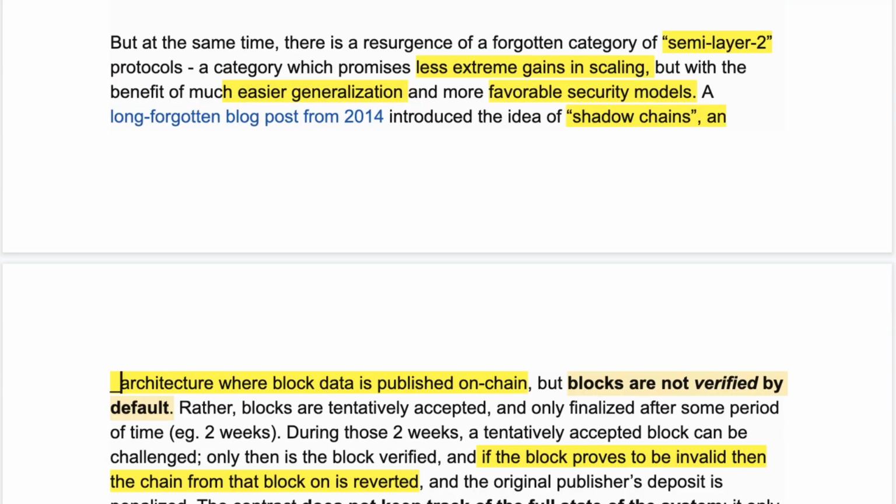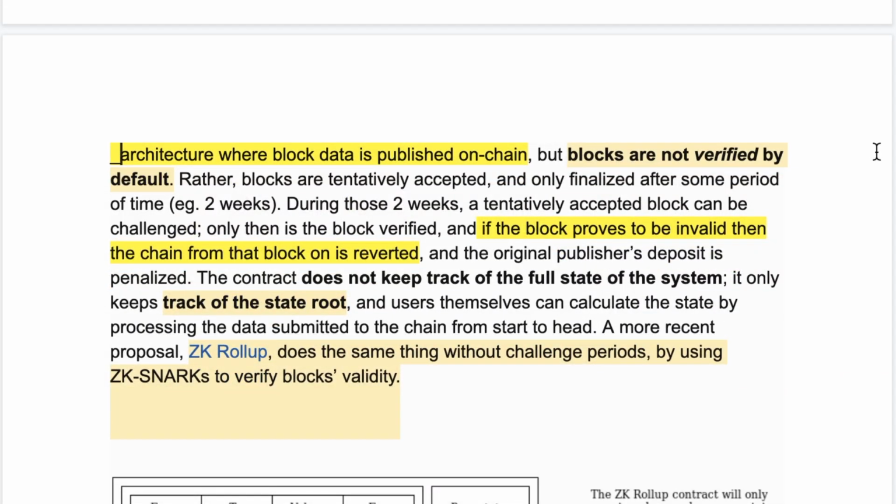So here Vitalik starts talking about a new forgotten category of semi-layer 2 protocols, and there was a blog post back in 2014 which introduced the idea of shadow chains. And the interesting part here is that the block data is published on-chain, but blocks are not verified by default, and this is actually a very interesting approach.